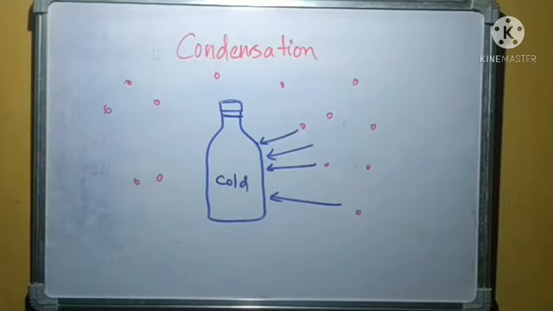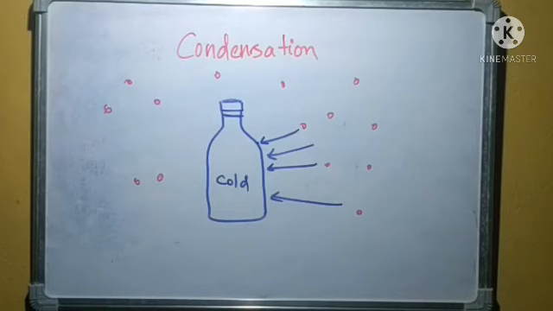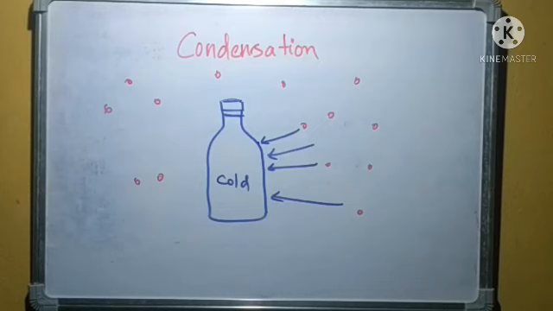As the energy of the water vapor decreases, it decreases to such an extent that the water vapor will condense, that is, it will change into liquid. We have learned earlier that to change the gaseous state into liquid, we can decrease the temperature.